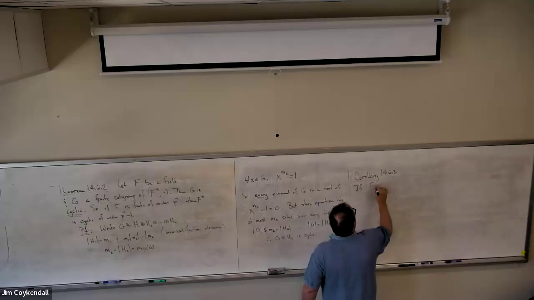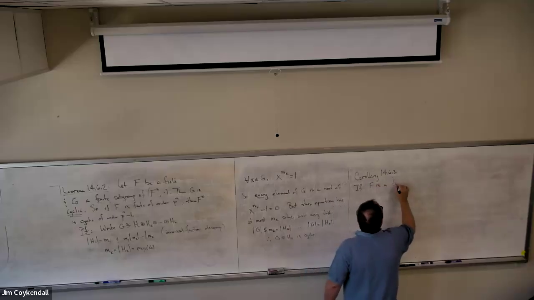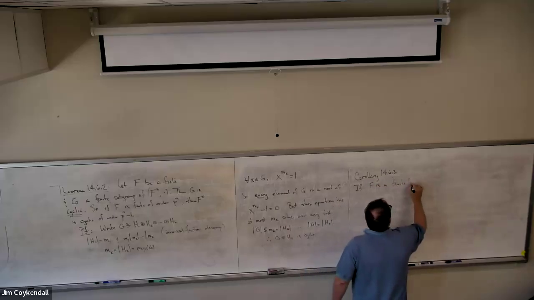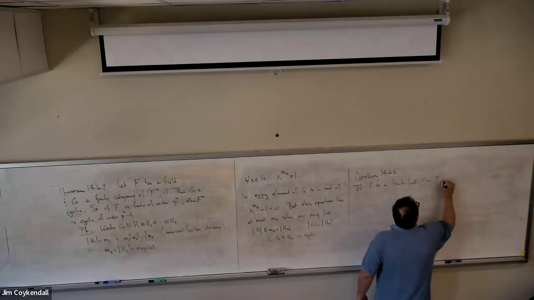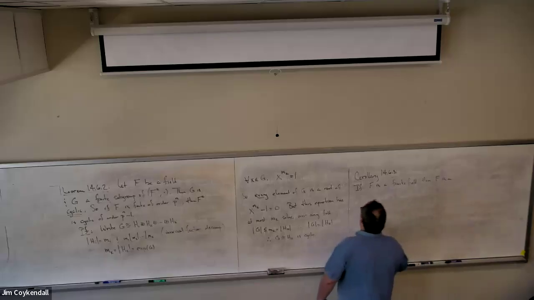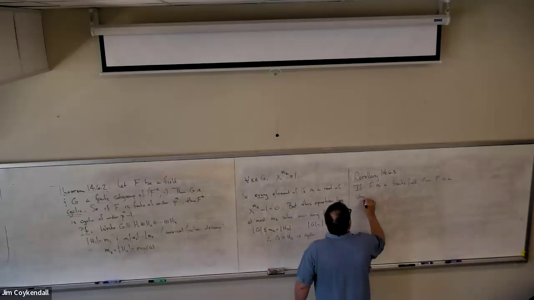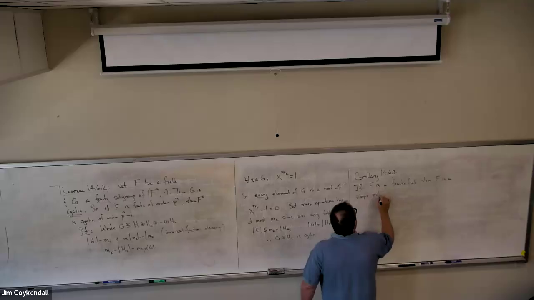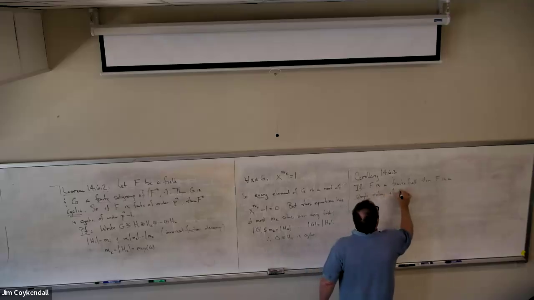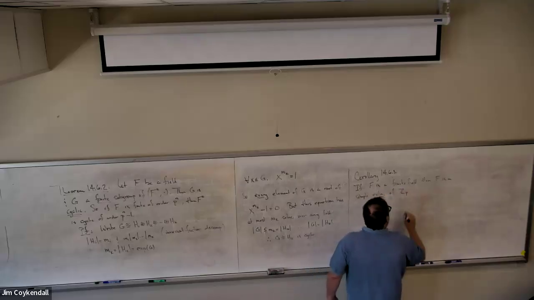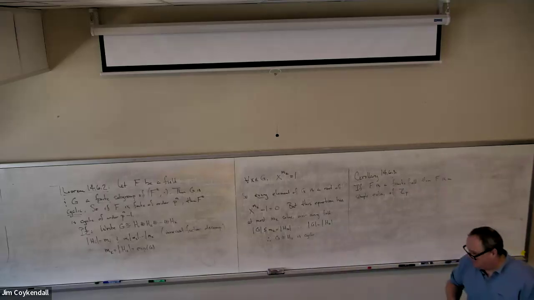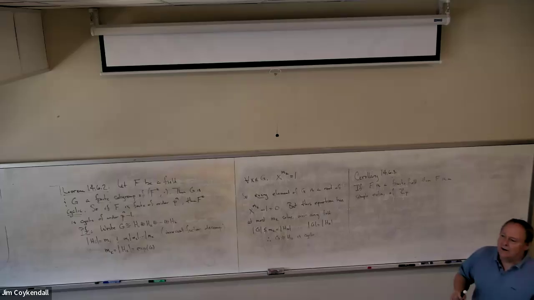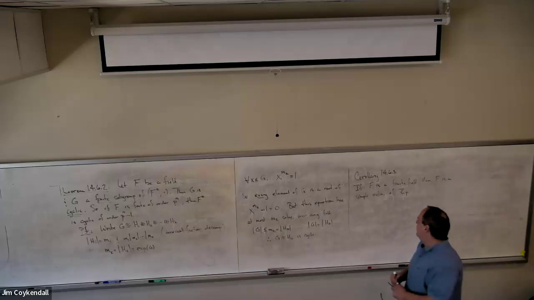If F is a finite field, then F is a simple extension of Z_p. Well, that's also kind of nice, right? Any finite field is a simple extension of Z_p.